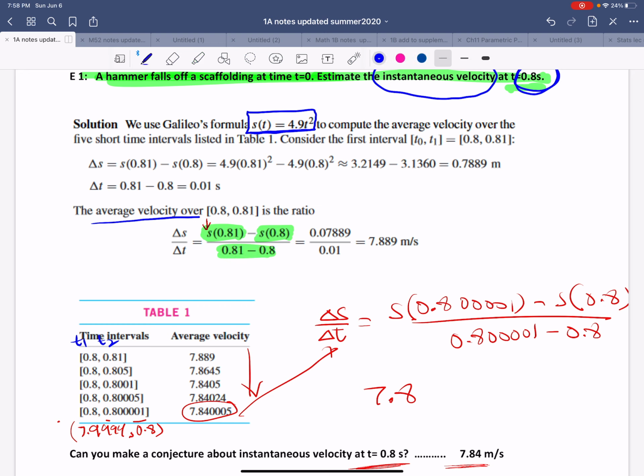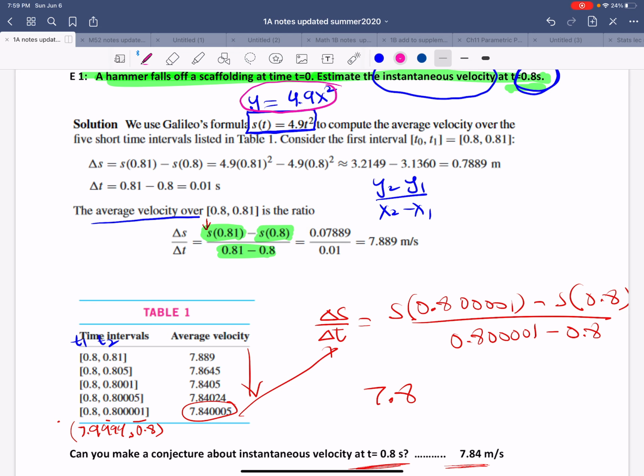That's the same thing as y2 minus y1 over x2 minus x1. If it's easier, you can think of this as 4.9x squared. It might make better sense to you if you are more used to looking at x's and y's, but it's better to get used to any dependent and independent variables. Don't be stuck with x's and y's.